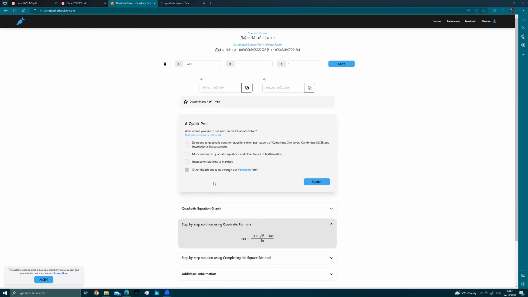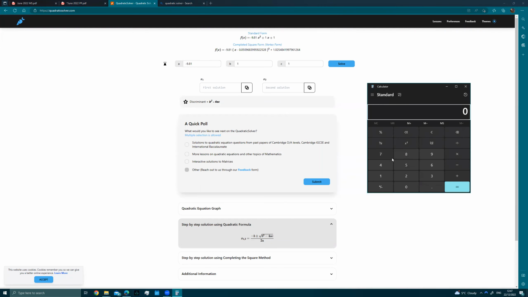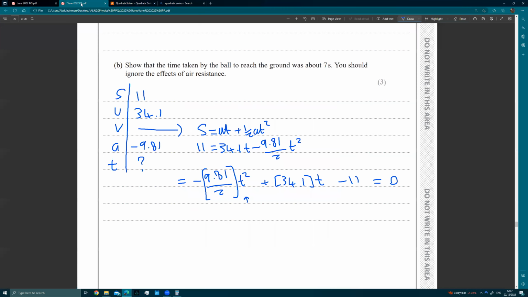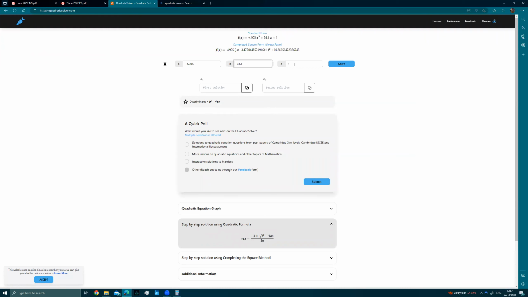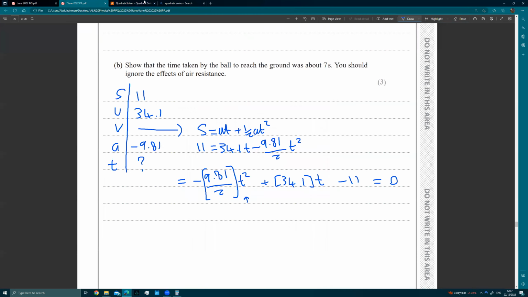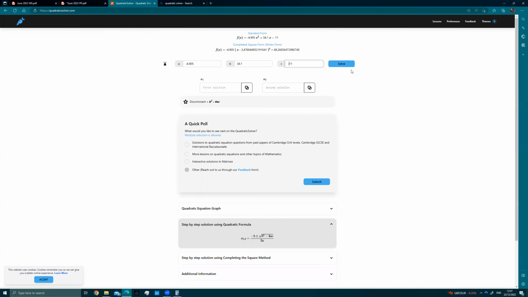Well, I can't even divide by 2, can I? 9.81 divided by 2 is 4.905, so minus 4.905. I should know this by heart. I don't know why I don't. 34.1 is your second term, and your third term was minus 11.